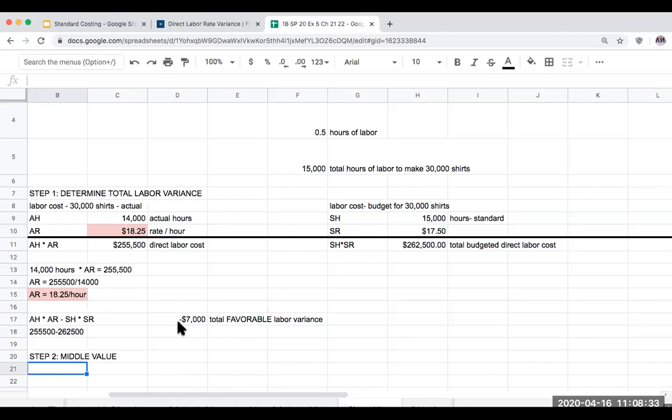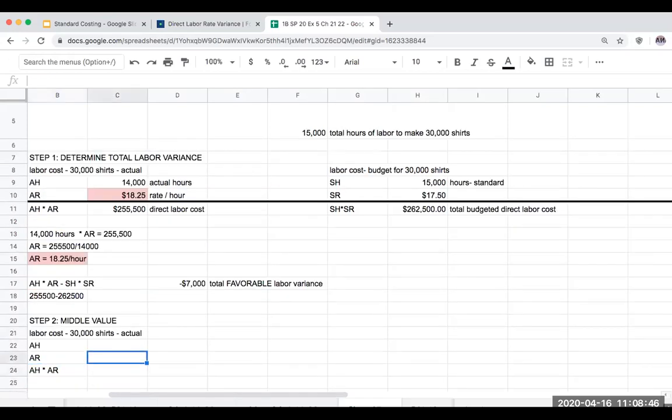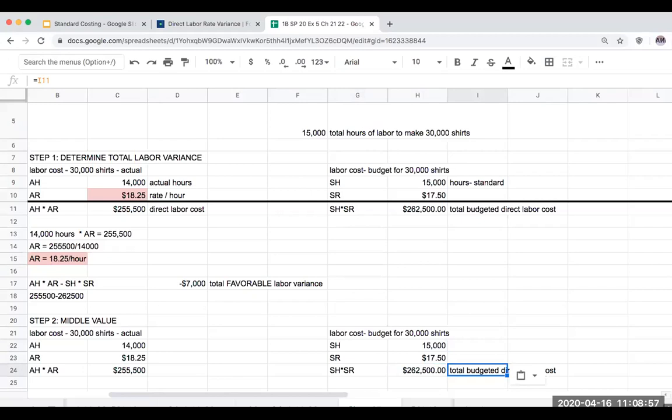So for my middle value, I've got my actual hours. So let's start here.